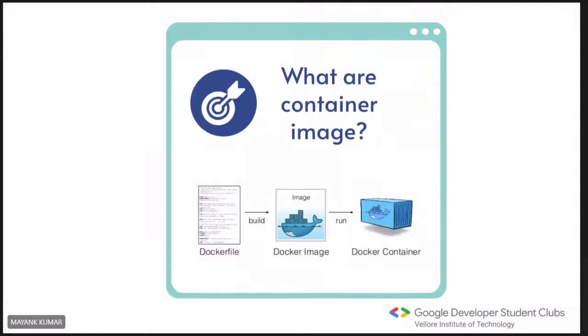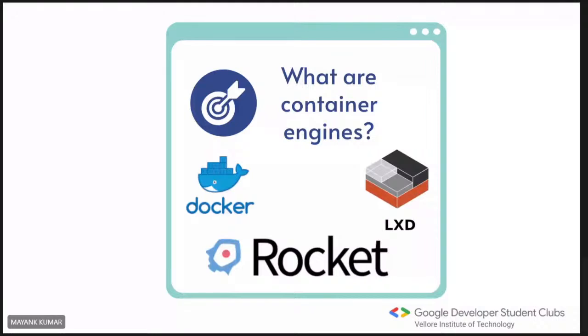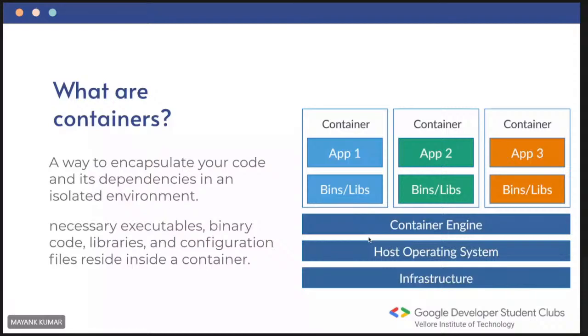Now let's talk a little about what container engines are. I can show you the diagram; it will be easier for you to understand there. A container engine sits between your host operating system and the containers running on your PC, right?